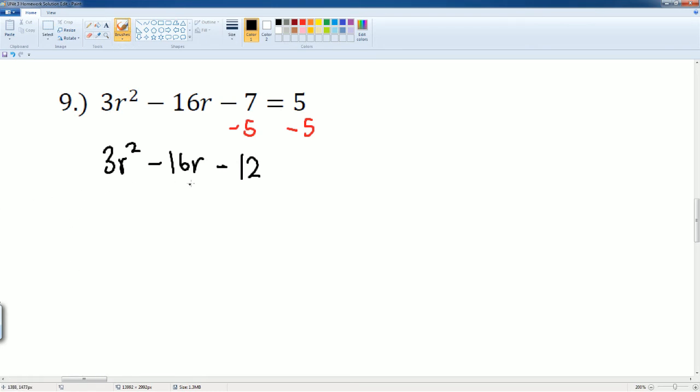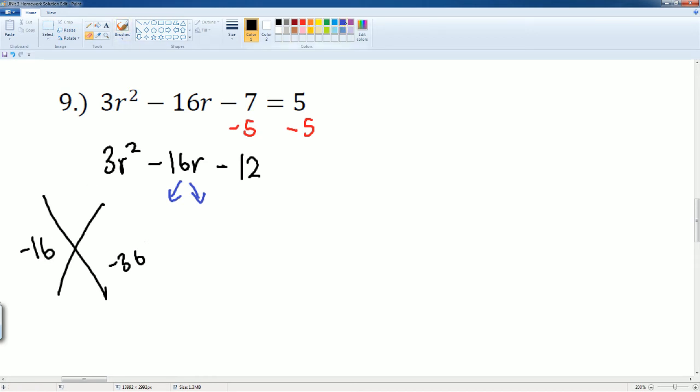So we actually have to split this into two parts. We have to find two numbers that add up to negative 16, but multiply to 3 times negative 12, so negative 36.